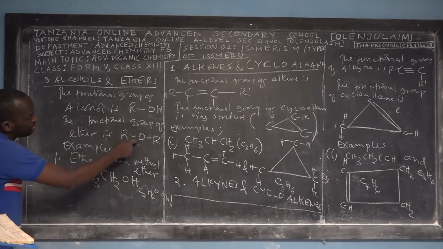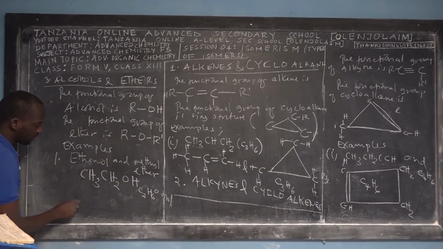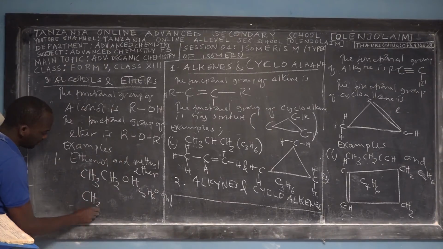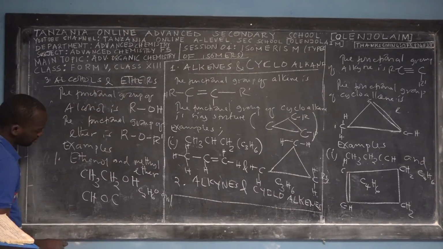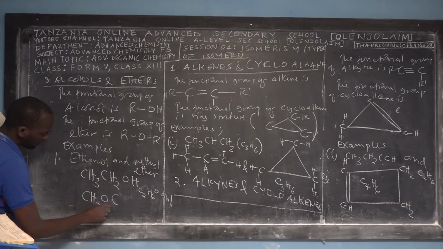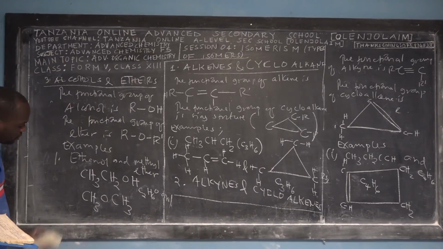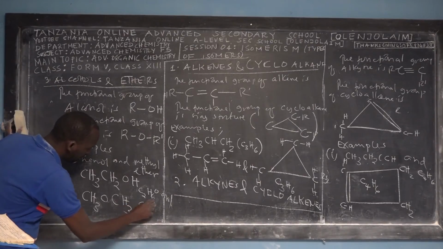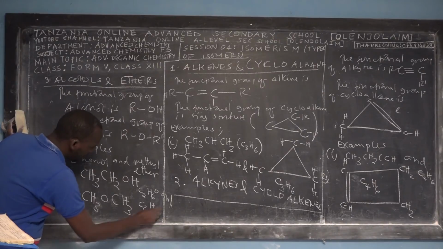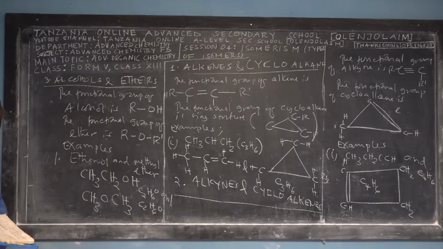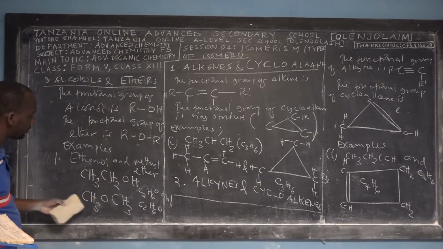For ether, because of this functional group, the compound will be in the form CH3-O-CH3. So here, how many carbons do you have? 2. How many hydrogens? 6. How many oxygen? Only 1. So the functional group of this one is not like the other. You can write the open structure also.